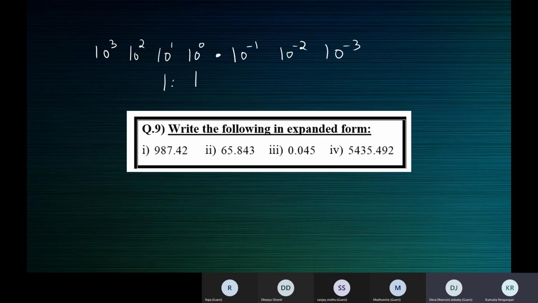So 10 to the power 0 is nothing but the ones place. 10 power 1 is the tens place. 10 square is the hundreds place. 10 cube is the thousands place. 10 to the power minus 1 means 1 by 10. This is 1 by 100. This is 1 by 1000.